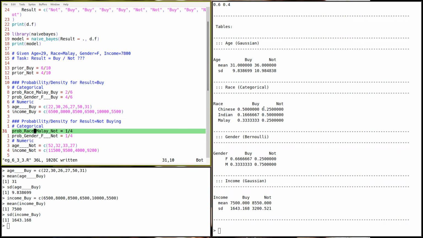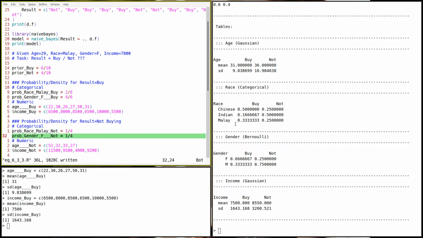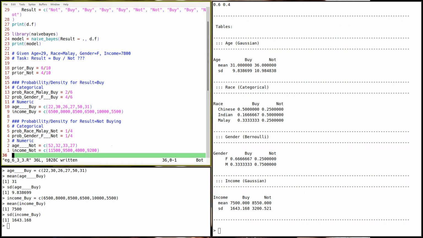So let's look at it again. The race tells us that for Malay it is 1/4, isn't it? For gender, female of not buying is again 1/4, shown here. Others, all these numerical values again come from the table, and I'm not going to go through the calculation because we have verified for age and income just now for the case when it's buying.